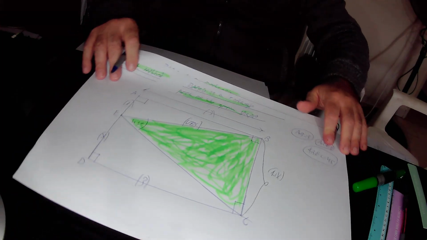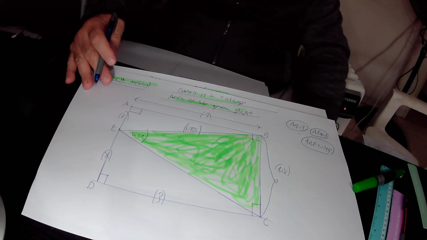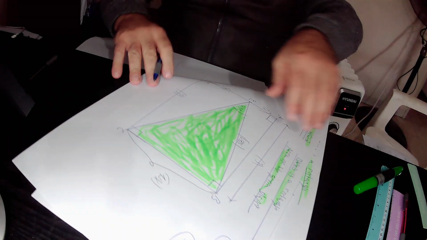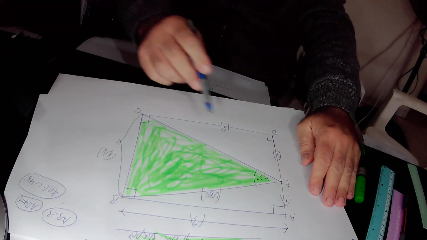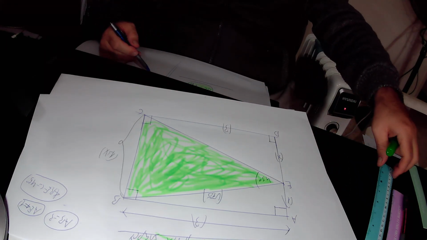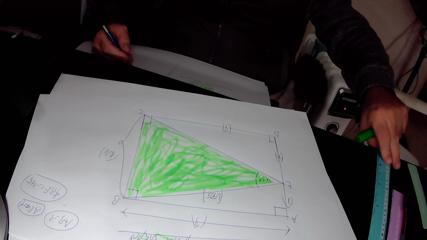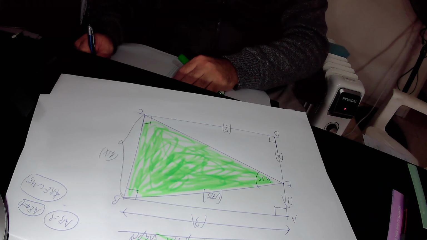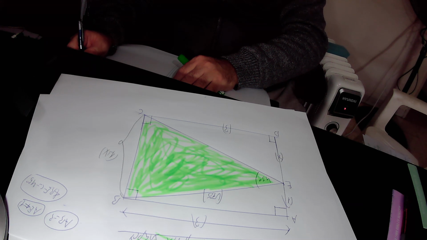In the next step, we will apply the Pythagoras theorem on this right triangle, triangle EDC. Here PT is the abbreviation for Pythagoras theorem.